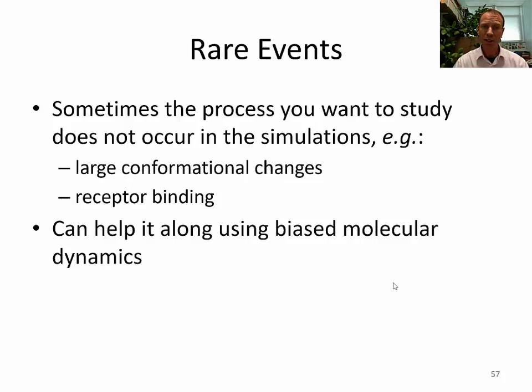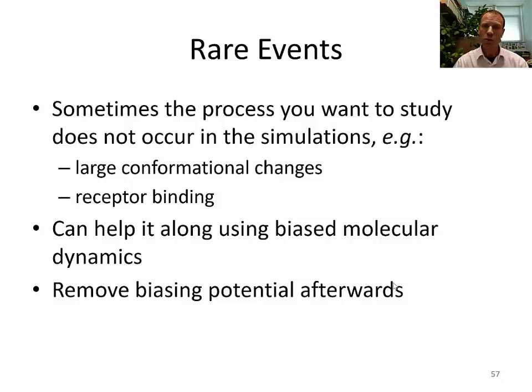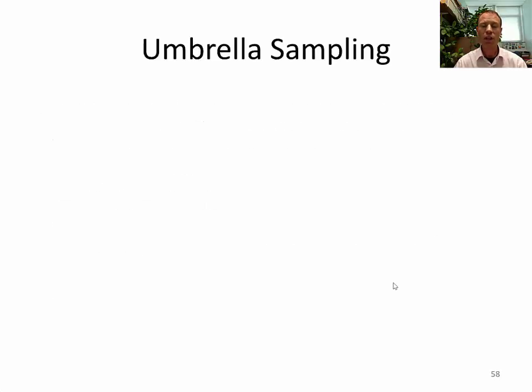All of these methods basically work on the principle that if you steer the simulation in some way, if you put in a potential which pushes it in a certain direction, and you know what that potential is, then you can subtract the effect of that potential later on when you come to do the analysis. This is the subject of a whole array of different enhanced sampling techniques that you will come across in the literature. The first one to talk about is umbrella sampling.